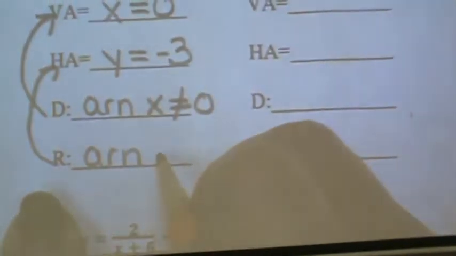Your horizontal asymptote is y equals -3. Your domain is related to that vertical asymptote. It's all real numbers except x can't be 0. And your range is all real numbers. It's related to the horizontal asymptote. Y cannot be -3.